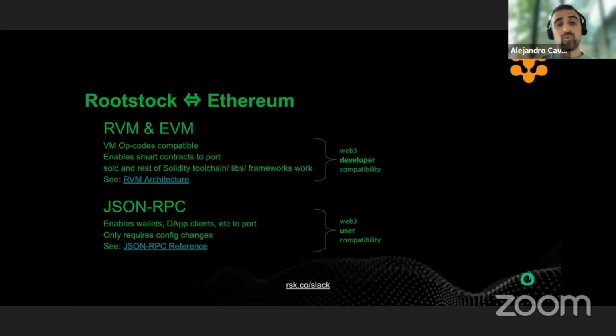Also, the Rootstock node exposes the same JSON RPC interface as Ethereum. So Rootstock is compatible not only at opcode level, but also at interface level. That's another reason why porting the app is seamless, because you can interact with your dApp in the same way. Nothing will change.